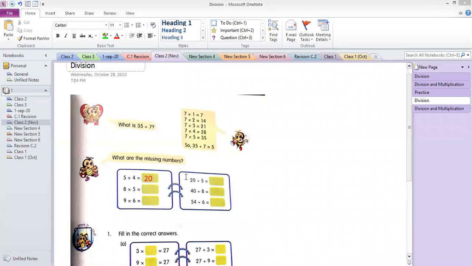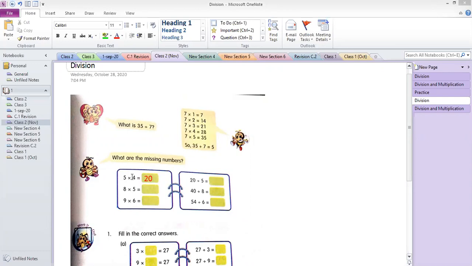Now, can you tell me 20 divided by 5 equals to what? Equals to 4. Very good. Because from here you can easily see that 5 multiplied by what number will give you 20? 4. So the answer will be 4. How many times if you read the table of 5 to get 20? 4 times.